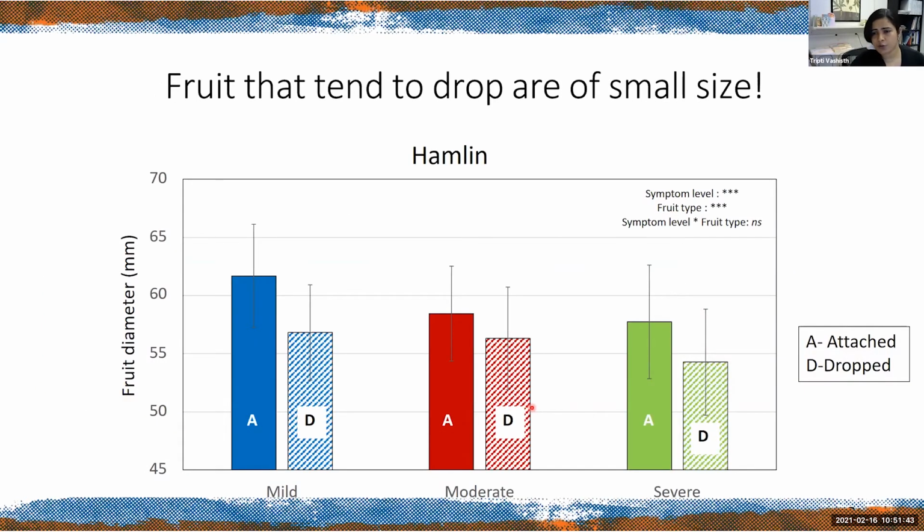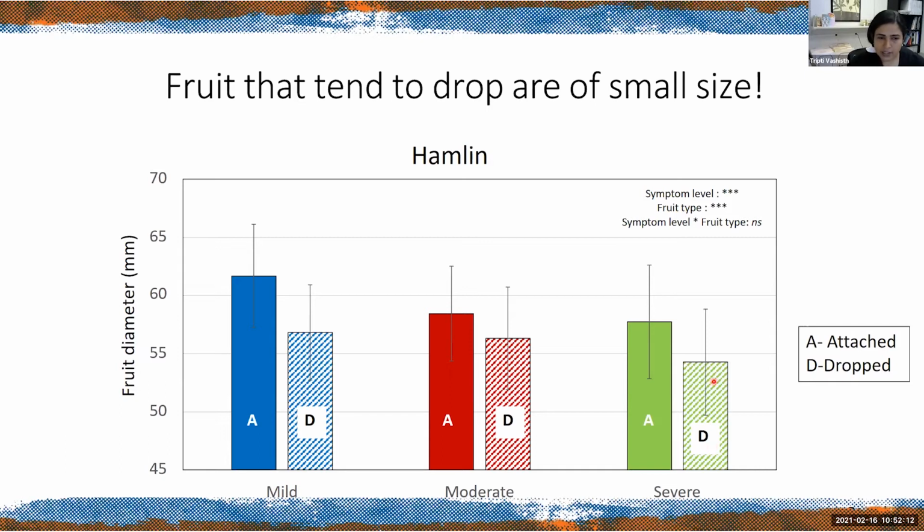Then we looked into the attached and the dropped fruit. Attached fruit is the fruit that stayed on, that was retained on the tree until harvest. And the dropped fruit is the fruit that dropped during the 3 or 4 months before harvest, in the pre-harvest fruit drop window. Here again, the blue color is for the mild and green is for severe, and these patterned bars are the dropped fruit.